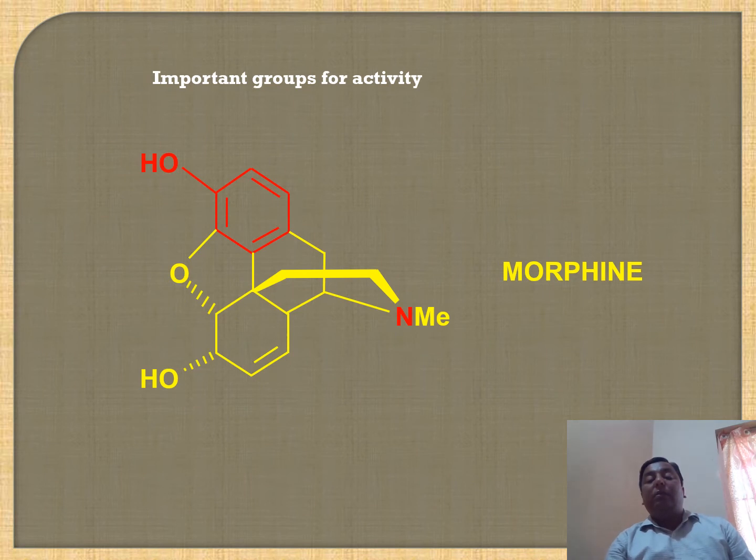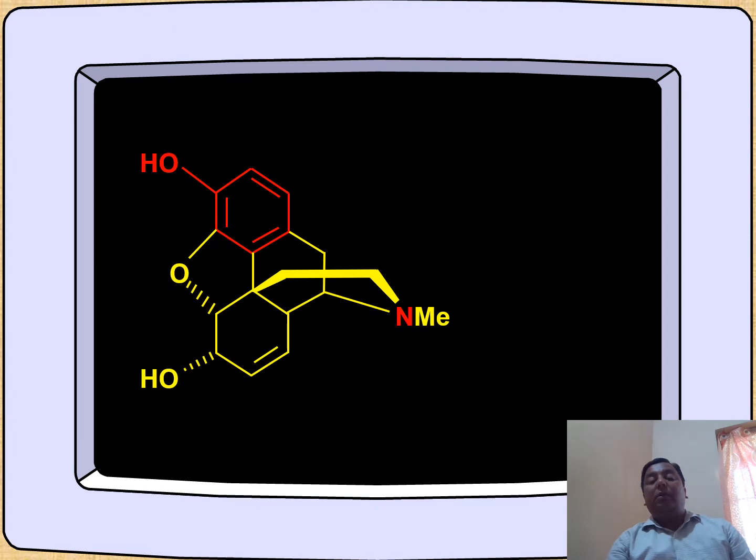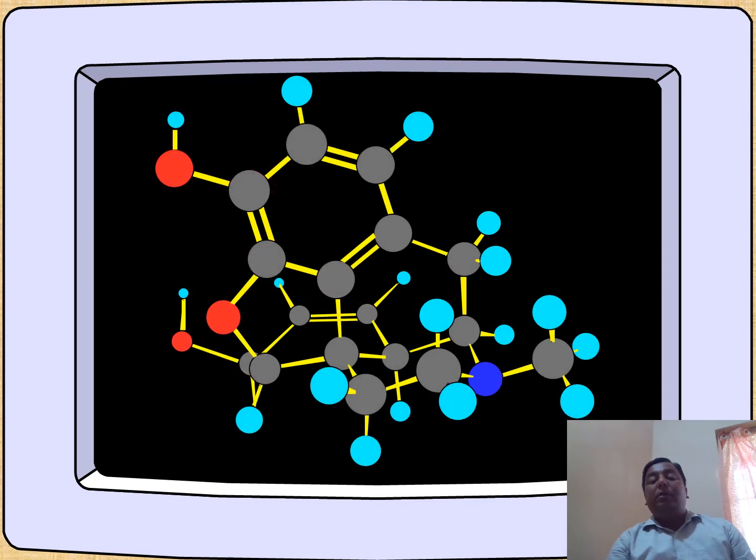So now you say that in the case of morphine, and the other two derivatives are superimposed on each other, and this is how we are mapping the pharmacophore features.